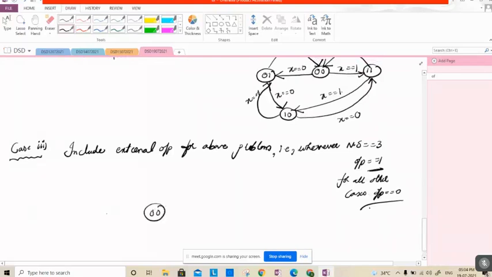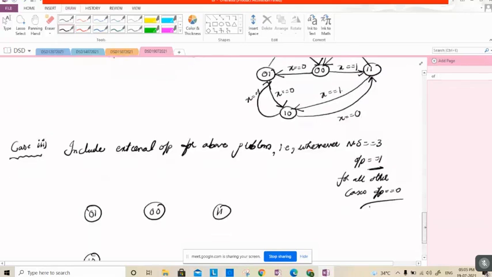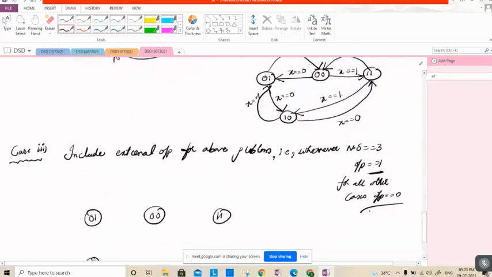The present states are 0 0, 0 1, 1 1 and 1 0. This is for x is equal to 0 and this is for x is equal to 1.